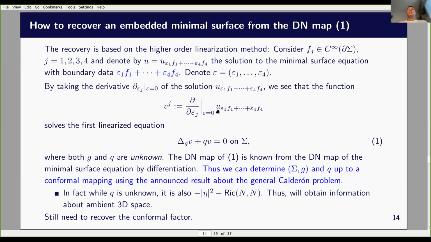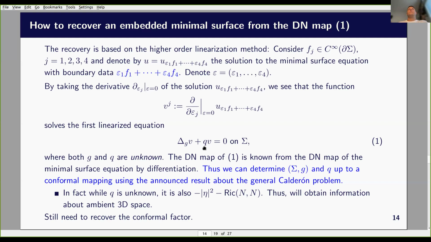Now one can compute by just differentiating this messy minimal surface equation. You get that this v_j solves just the linear Schrödinger equation on the so far unknown minimal surface sigma. So here sigma is unknown, but especially g and the potential q are both unknown.